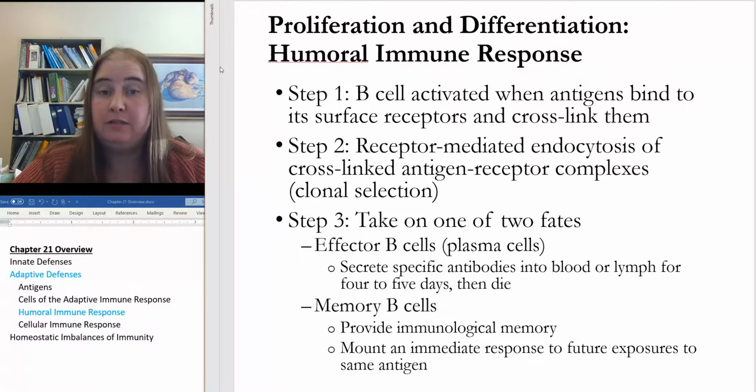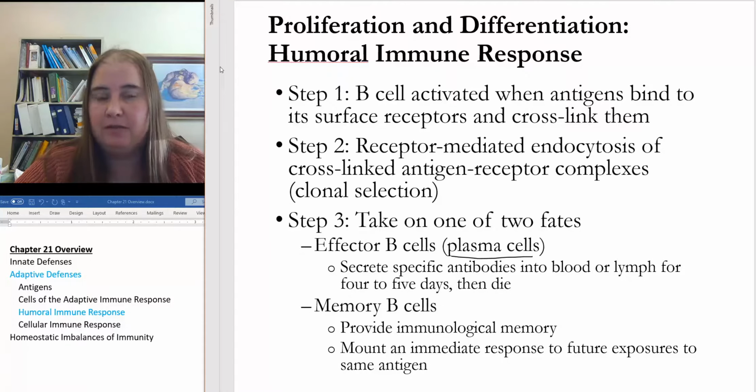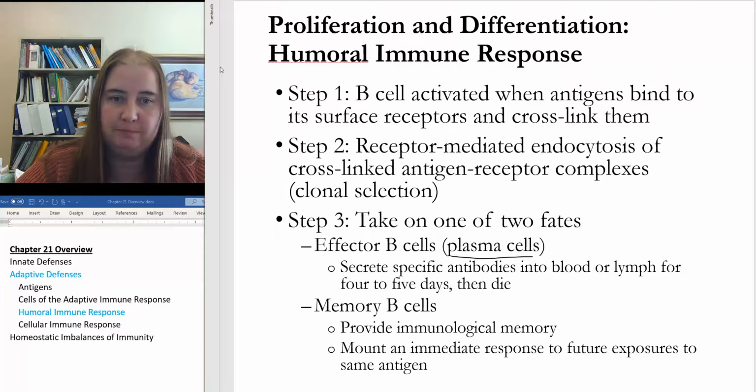That cell will differentiate or will divide, of which will become either an effector cell. I always call them plasma cells. And plasma cells are going to produce antibodies. Now this is very specific to B cell proliferation and differentiation. These plasma cells will produce antibodies, they'll exist in circulation for about 4 to 5 days and then they die.